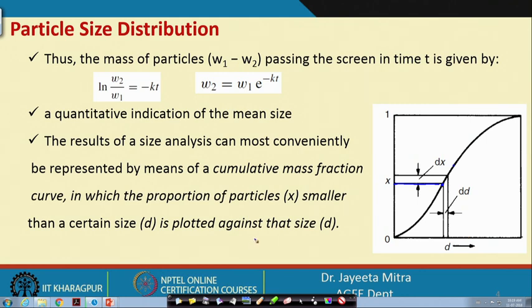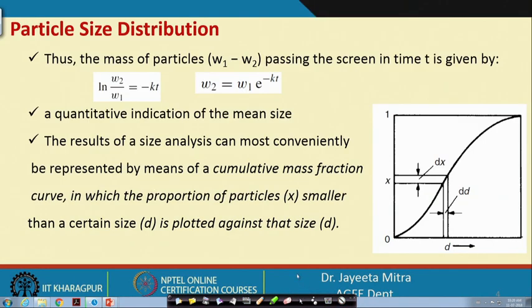So, this representation is the result of the sieve analysis, which is cumulative. Okay. So, we have added the fraction which is larger than this particular size d.